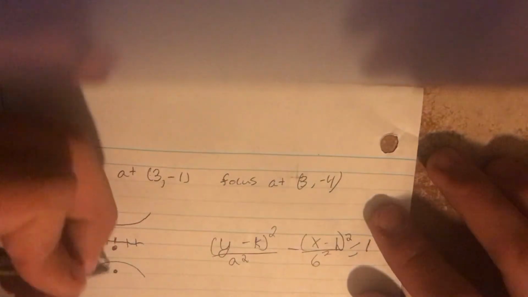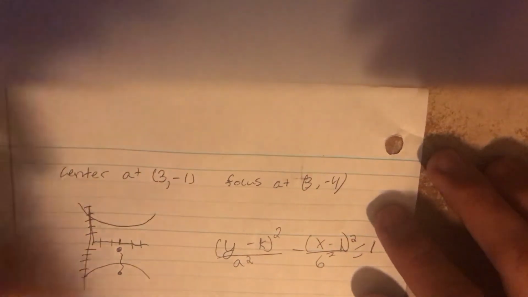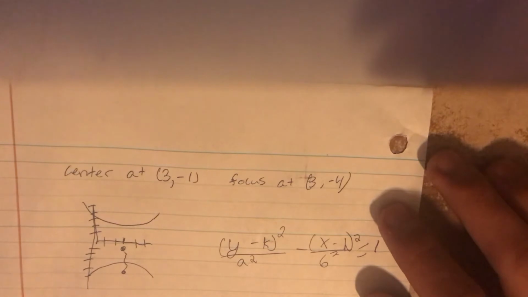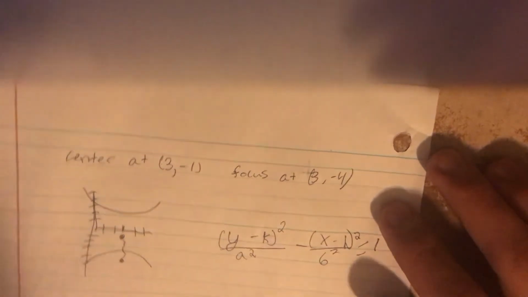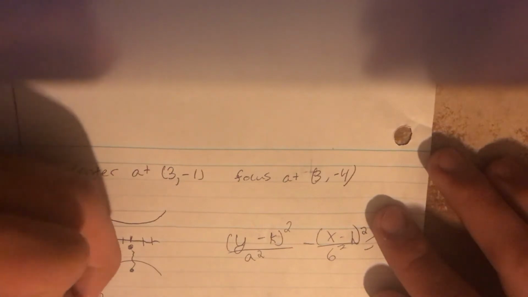So our focus is 3 units below our center point. So our C value equals 3.